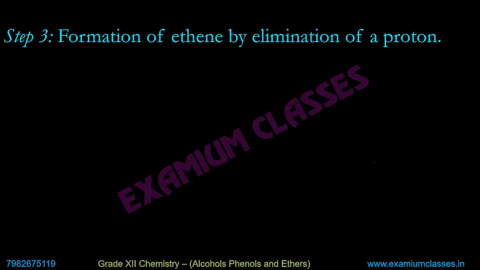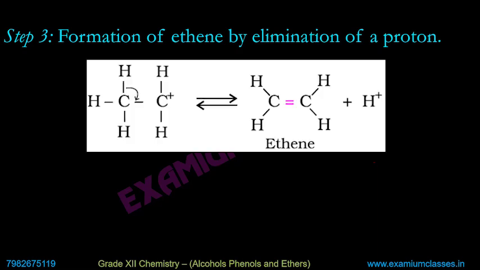Then formation of ethene by elimination of proton. Now this is positive, so a carbon adjacent releases this positive charge. This hydrogen gets detached and these two electrons form the double bond. Now this is stable. This proton we get back.